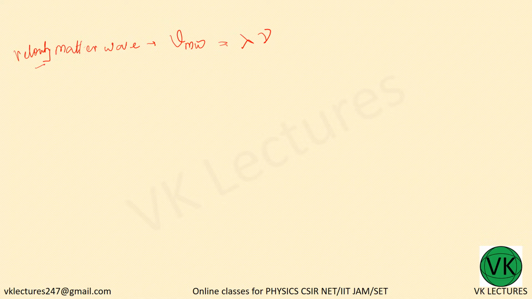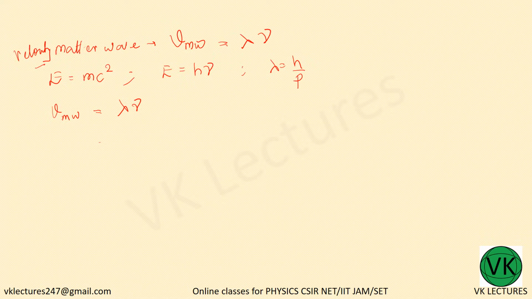It will give you the velocity. Now we already know we have two equations. E is equal to mc square, that is for matter, and similarly E equal to h nu for radiation. And matter wave velocity is equal to lambda times nu, and we have another formula, lambda is equal to h by p. Just substitute these values.